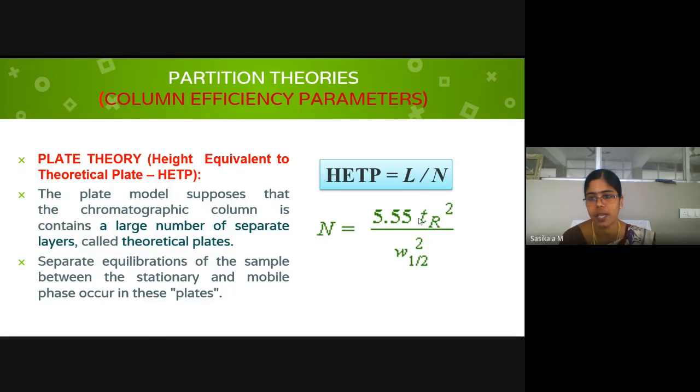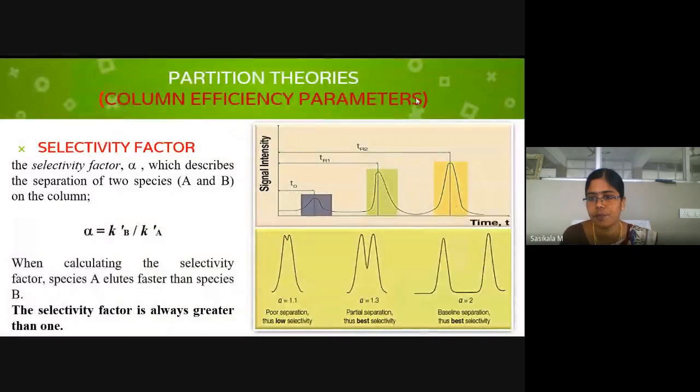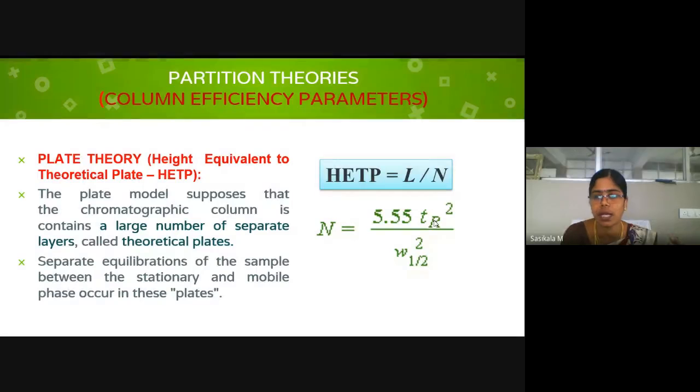You take 5.55 times the retention time squared, divided by the peak width. You can observe here the retention time squared. If you take this molecule to calculate the number of theoretical plates, take the square of the retention time, then the peak width at half maxima, that is the width of the peak at 50% of its height.